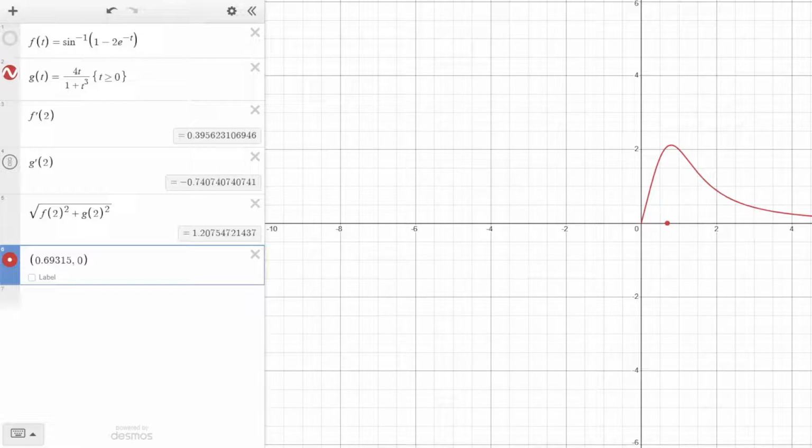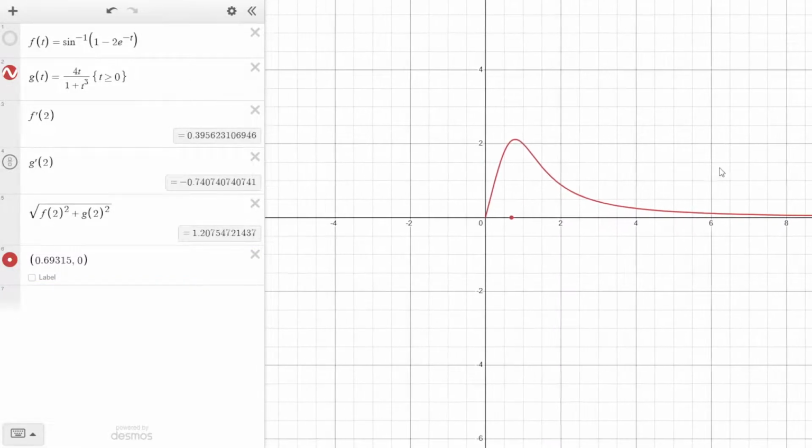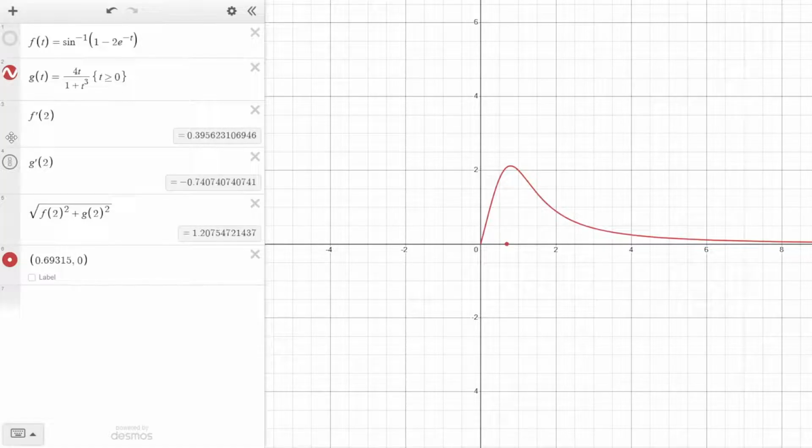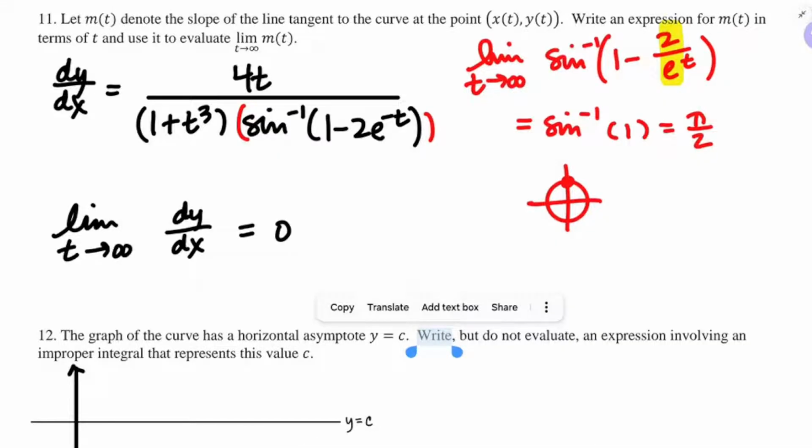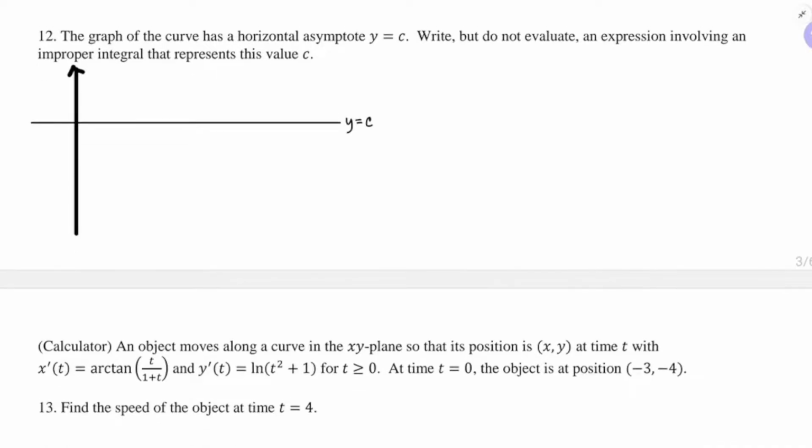Dy dt is positive. So y is increasing the whole time. And so I'm taking that to mean that we are approaching this horizontal asymptote from below. And so I'm thinking that more or less this curve kind of looks like that.